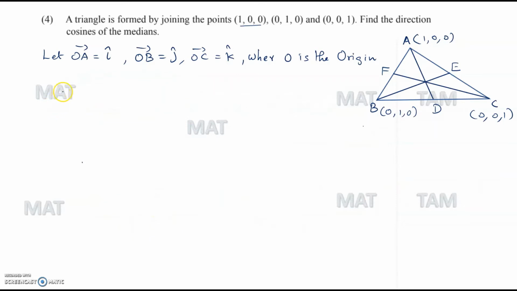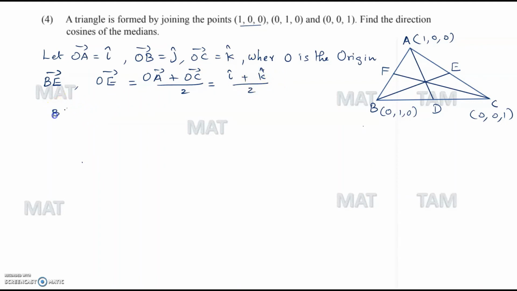Let's go to the second median now. So let's take the vector BE, which is the second median here. So again, to define this, our OE vector will be defined as vector OA plus OC divided by 2, where our vector OA is i cap and OC is k cap, divided by 2.